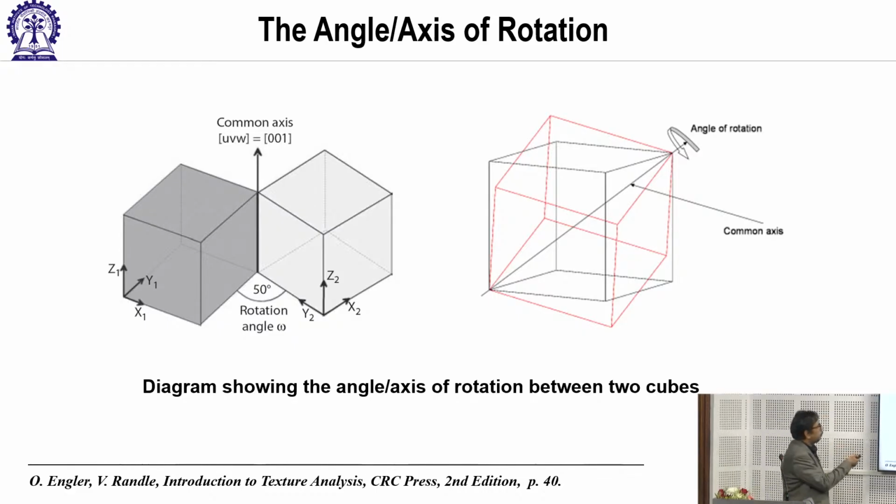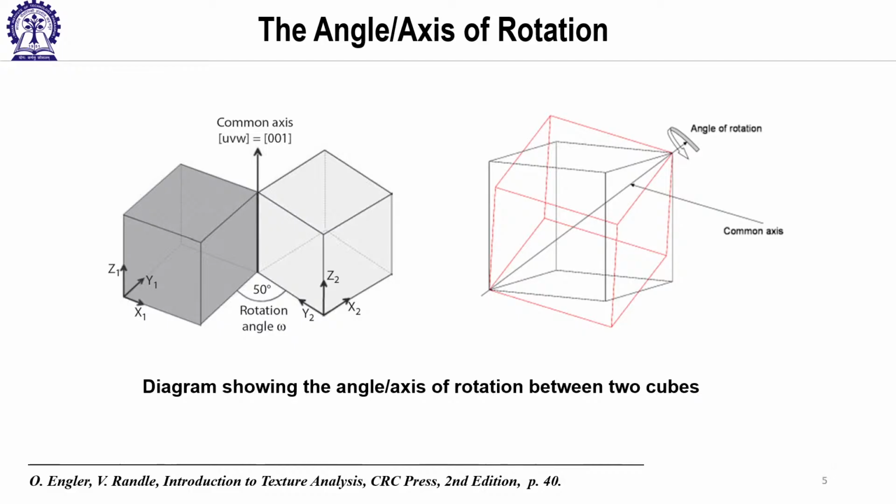If you rotate 50 degrees along the 001 common axis, then what happens? These 2 crystals merge with each other and there is no orientation difference, right. So this is the meaning of orientation angle and orientation axis. When we talk about grains, we call it orientation angle and axis, and when we talk about the boundary, we call it misorientation, right. So this is the meaning of misorientation angle and axis.